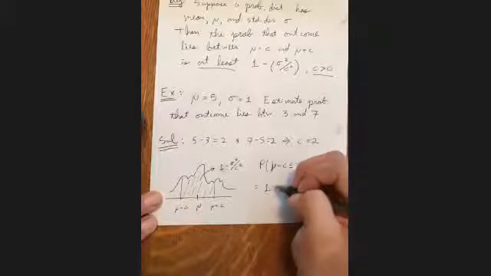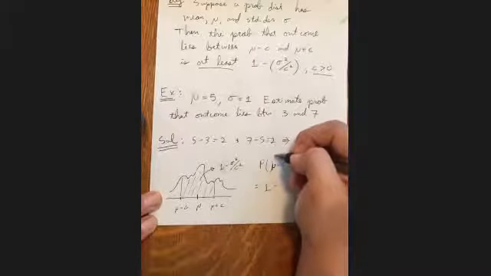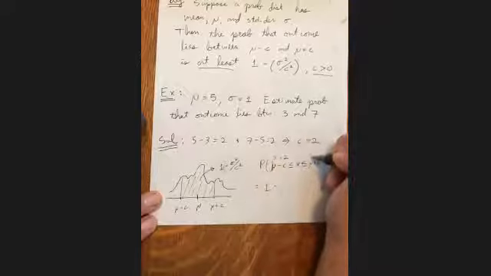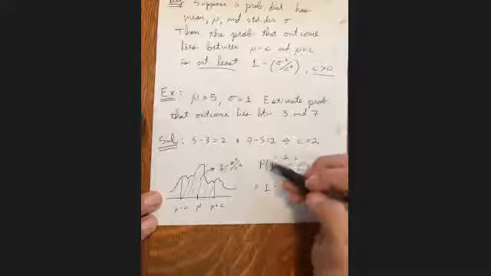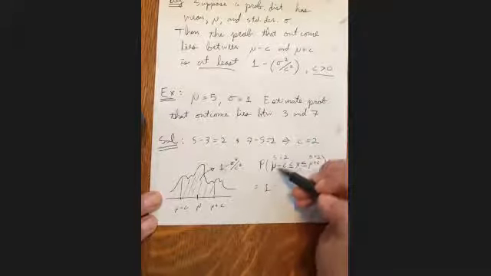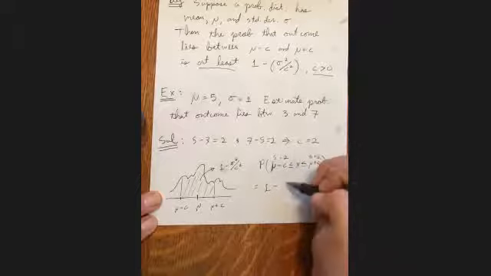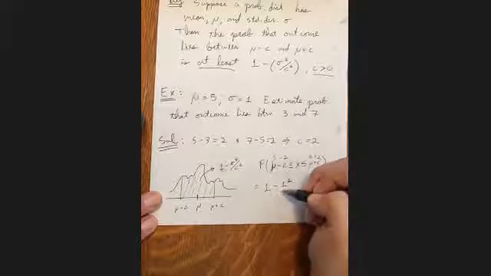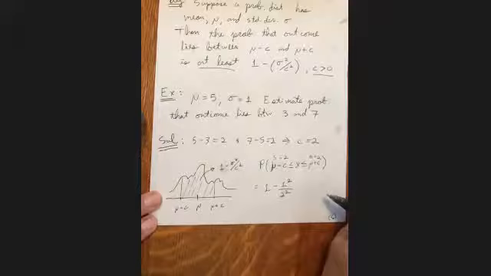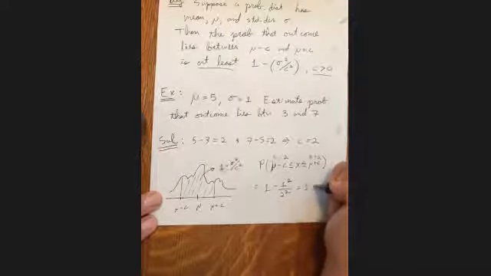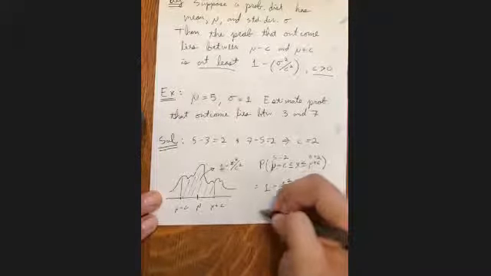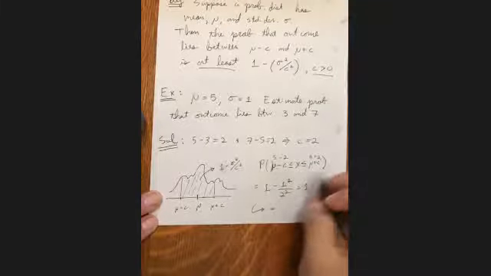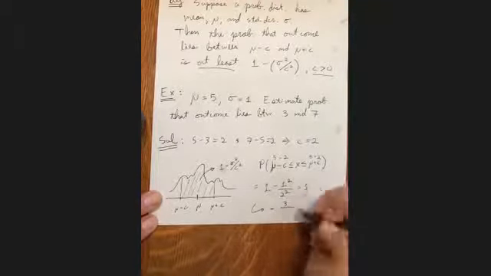Really I should put in the values here. So that's 5 minus 2 and 5 plus 2, which is 3 and 7. So the probability that some random value lies between 3 and 7 is given by 1 minus the standard deviation squared, or the variance, 1 squared over c squared, which is 2 squared. So that's 1 minus 1/4. And so that gives us 3/4.